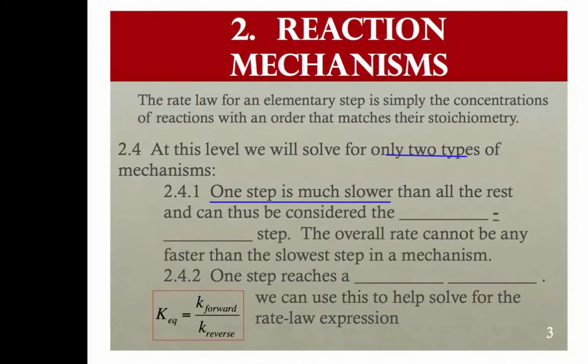Just like in one lane, the slowest car is going to dictate how fast it can go. So the slow step is called the rate determining step. And then the overall rate cannot be any faster than the slowest step.